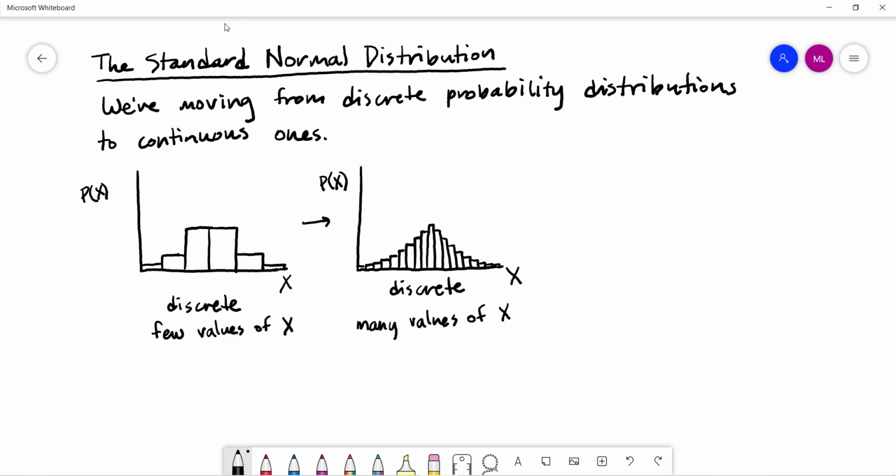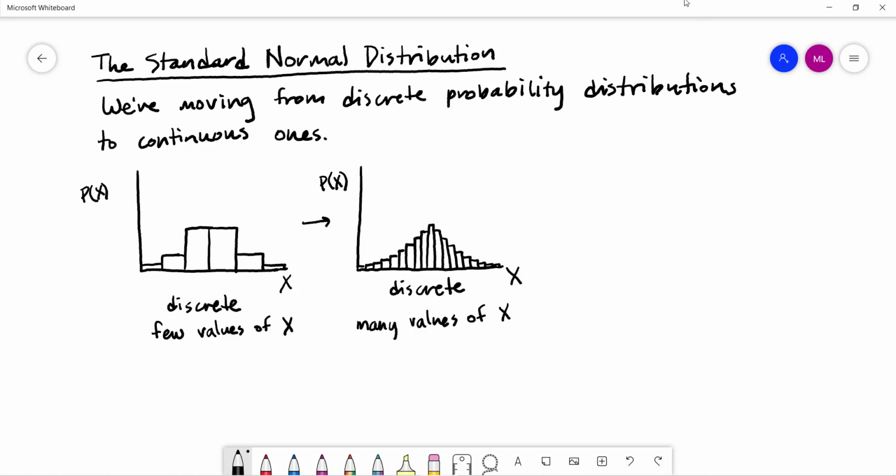If we continue this onward and use even more values of x, remember the idea of discrete is that there are gaps between the possible values. Maybe over here we've got 1, 2, 3, 4, 5, and 6 as the numbers, and maybe over here we start keeping track of decimals: 0, 0.1, 0.2, 0.3, 0.4, 0.5, all the way up to 6. So we have a lot more bars.